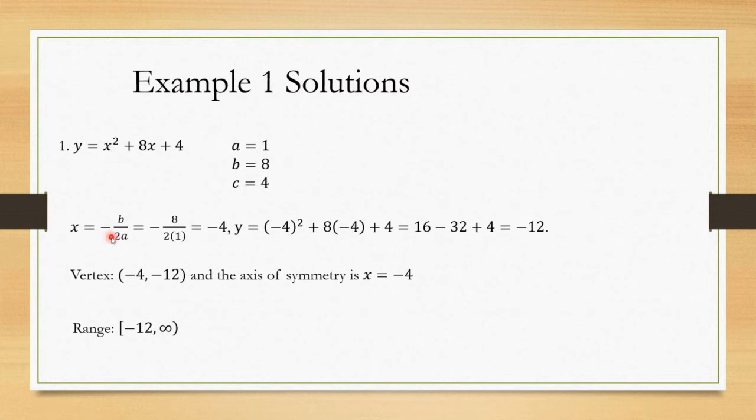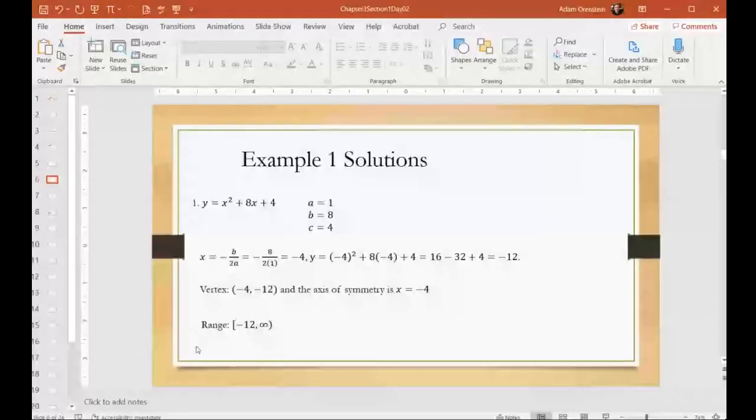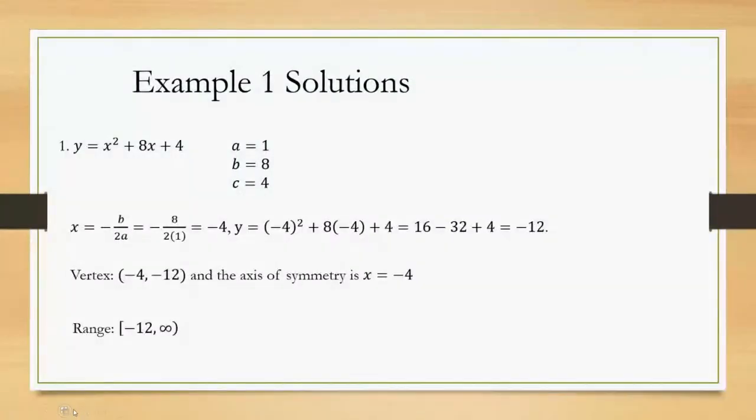So we have negative b over 2 times a. And from there, we get negative 8 over 2 times 1, as you can see, which is negative 4.